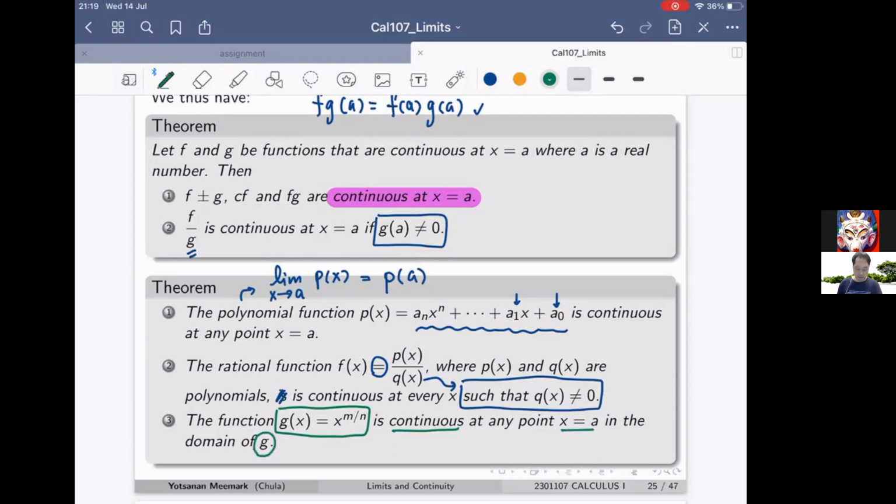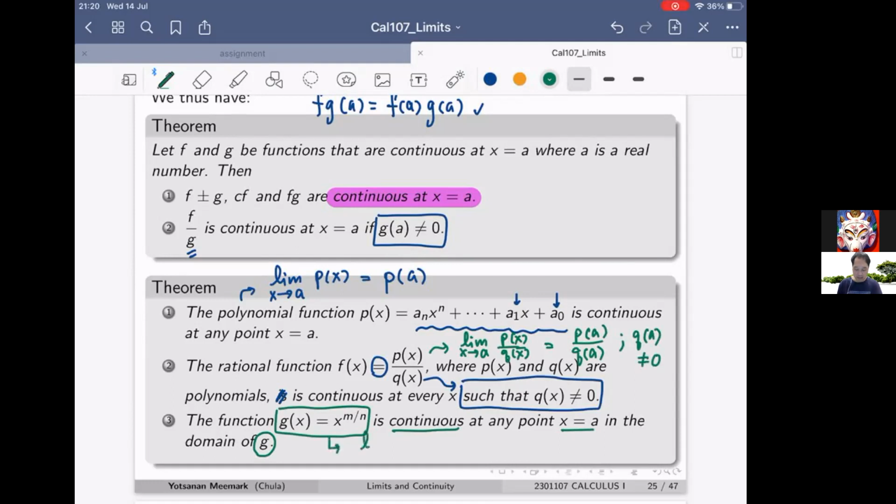So what does this mean? If you want to find the limit as x goes to a of p(x) over q(x), it is going to be p(a) over q(a), just plug in x as a, whenever q(a) is not 0. Your bottom cannot be 0.